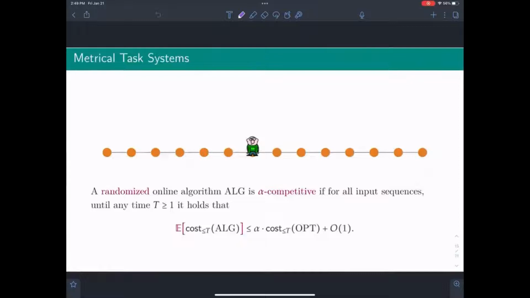Suppose we allow the algorithm to take random actions, and then we're measuring the cost of the algorithm as the expected cost that it's going to pay. And if we do that, we can do much better. We can get down to polylogarithmic factors in n, where n here is the number of points of the metric space.